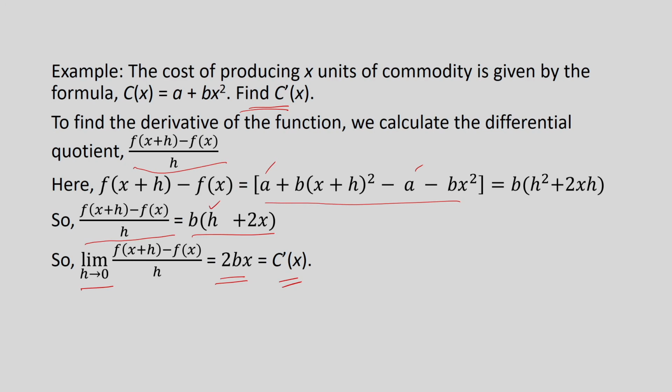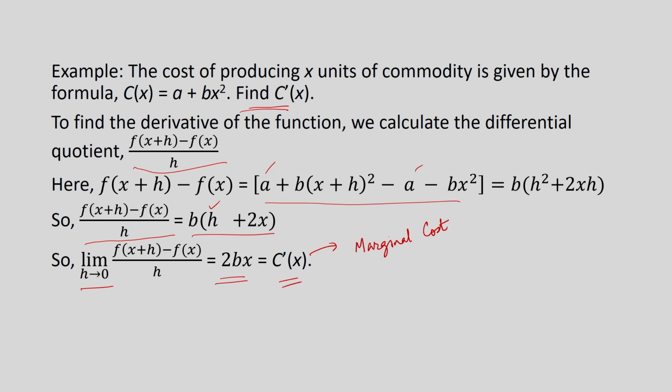This C dashed x is also called the marginal cost. Now, if I go back to the idea of derivative, what is the notion of derivative? How do we interpret the marginal cost?